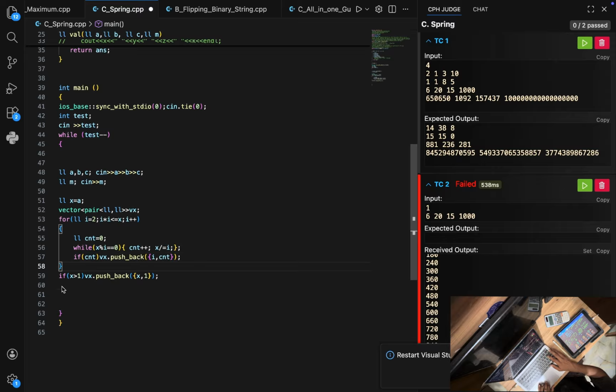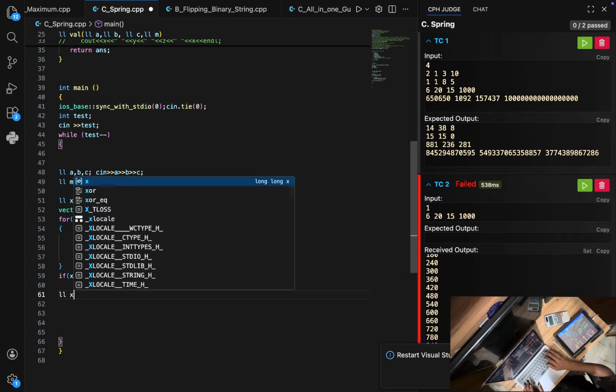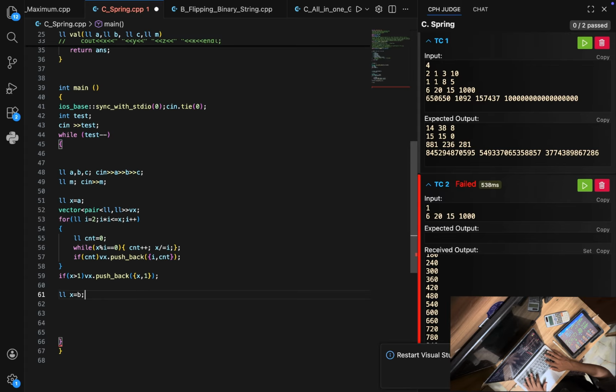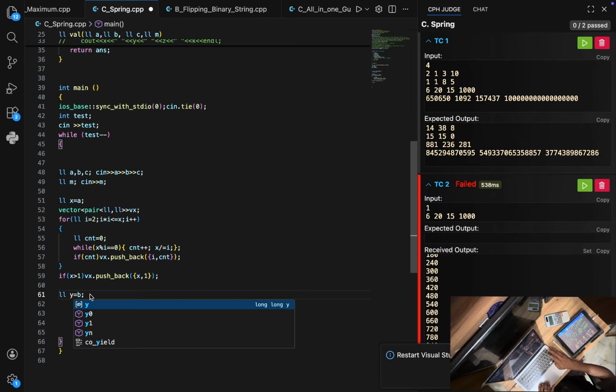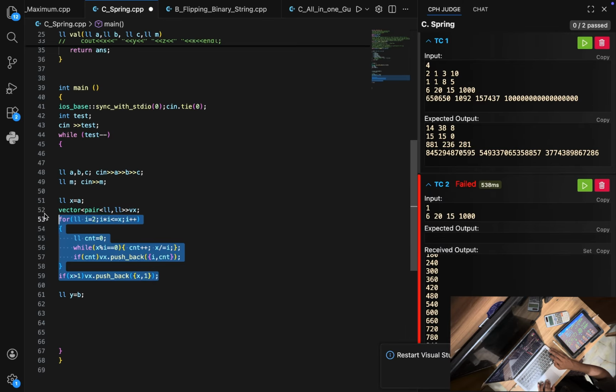Oh, nice. X equal to a. Should I name it x? Let's y equal to b.